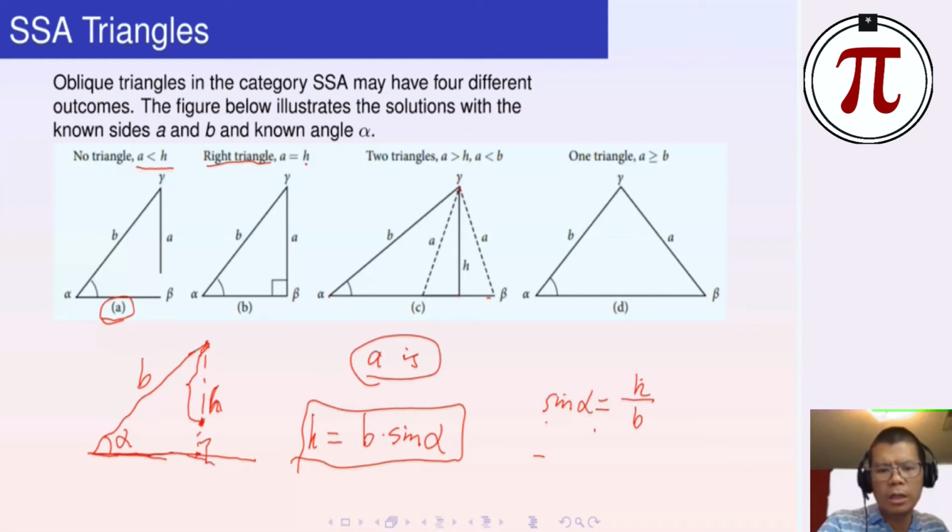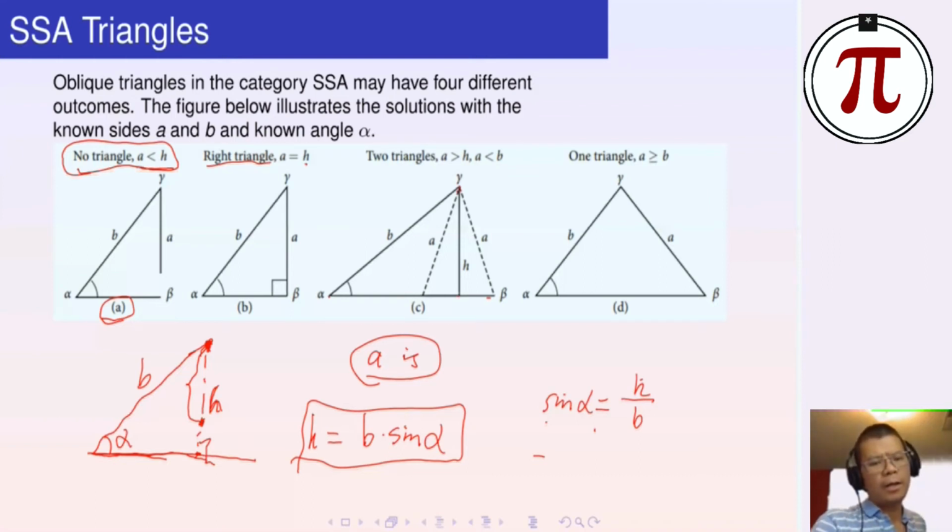Because the shortest distance from the end of side B to the other side is h, right? So in this case, no triangle. There's no such triangle because A is too short, even shorter than h, which is b times sine alpha. Make sense? Okay.